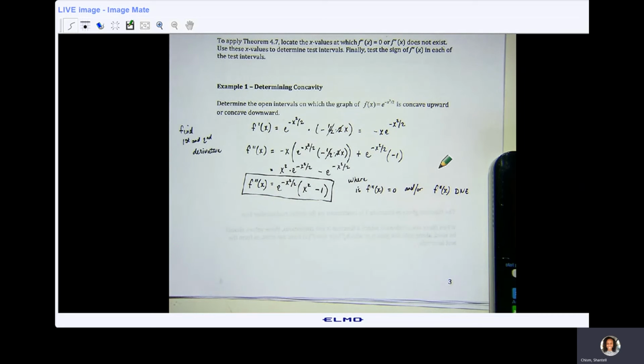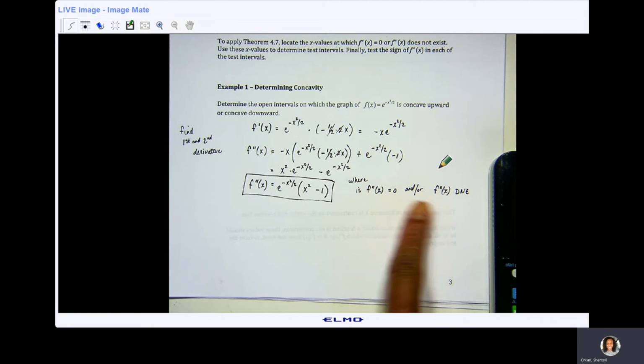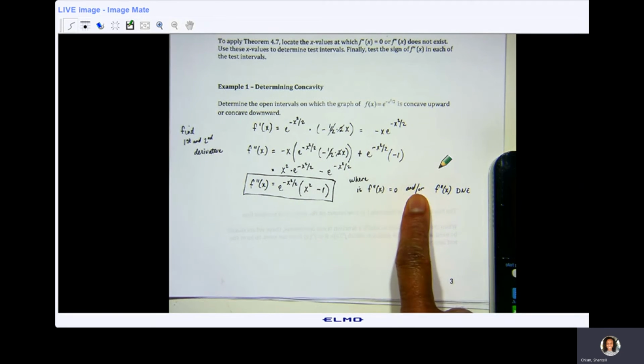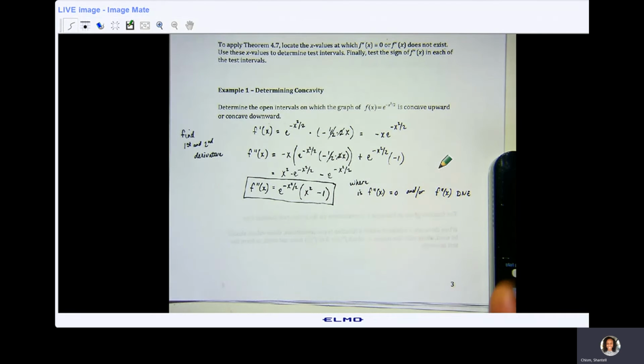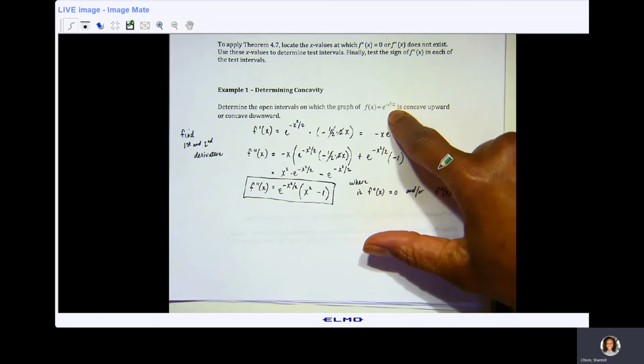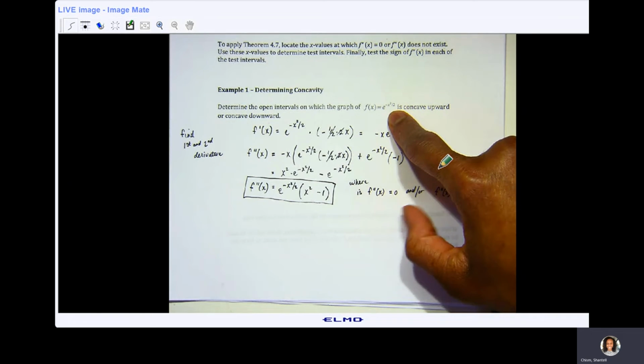Also, let me say this. Sometimes you might get an original function that is actually not continuous everywhere. So in addition to these values, setting up your test intervals, you would also have to include any value that f of x might not be continuous at.